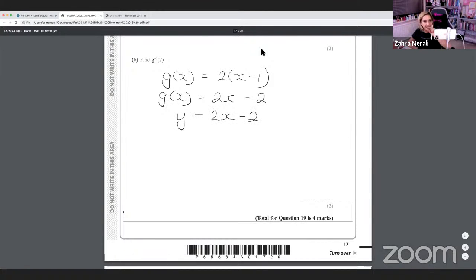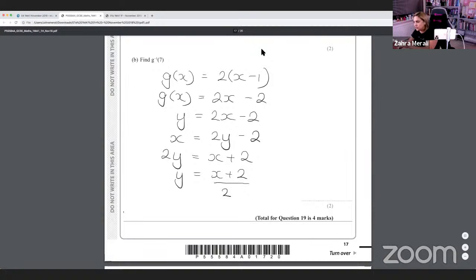We're going to swap our x's and our y's, and we rearrange to make y the subject of the formula. So we're going to get 2y equals x plus 2, so y equals x plus 2 over 2.